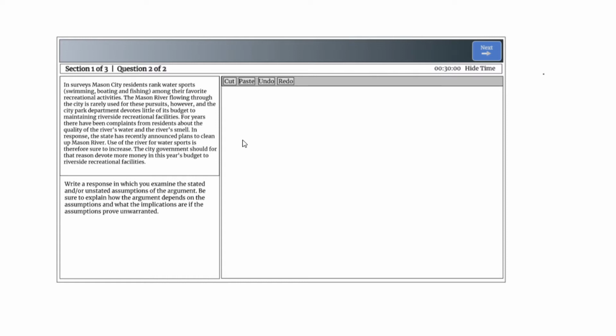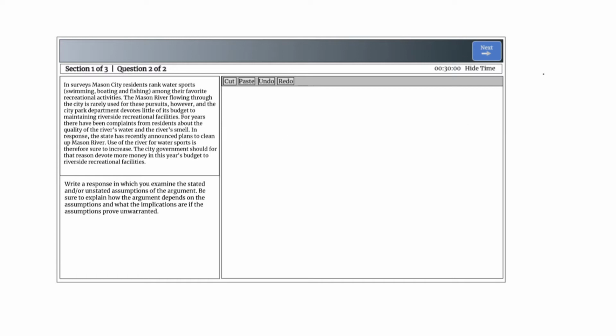And invariably, the prompt is going to ask you where are the places where this author has either made some unbased assumptions, where they've left out evidence that they should have included, or they've left questions unanswered that you would like answered before you could take their argument seriously.